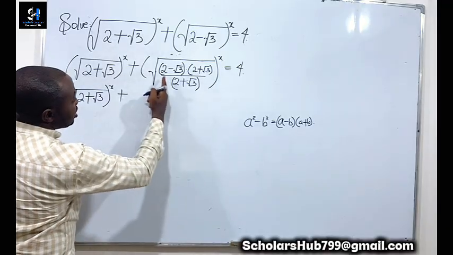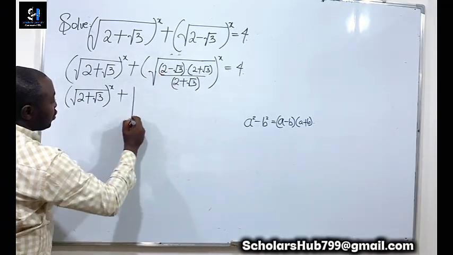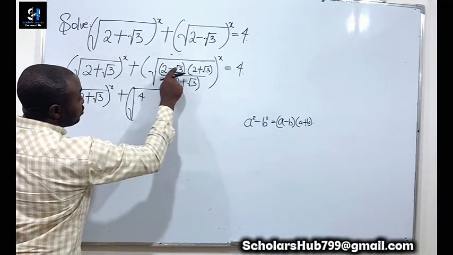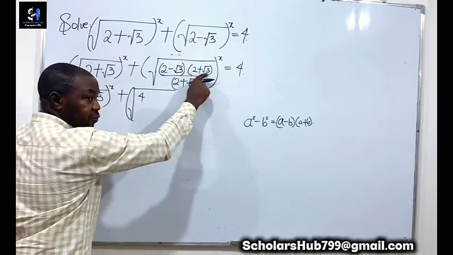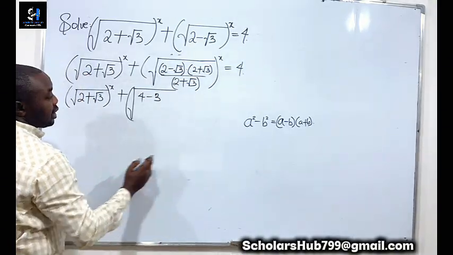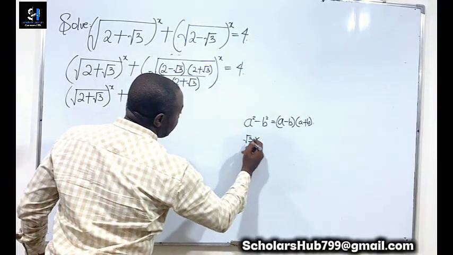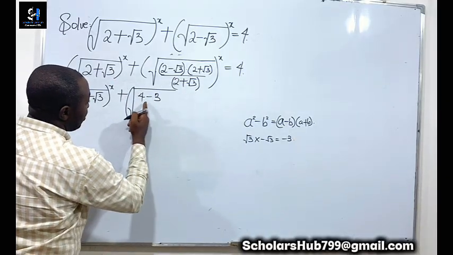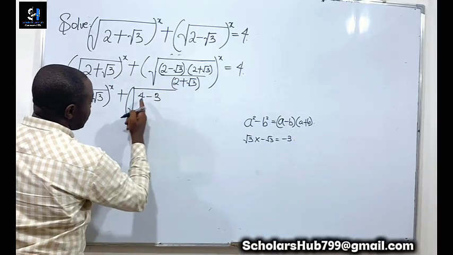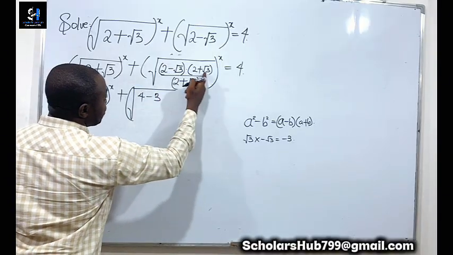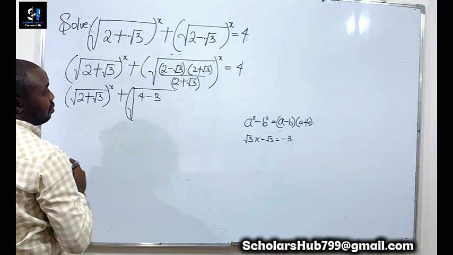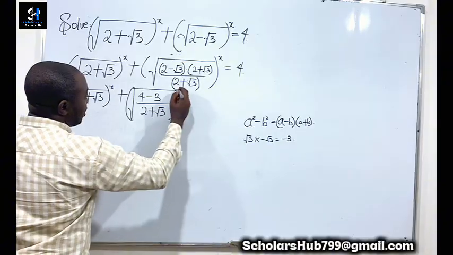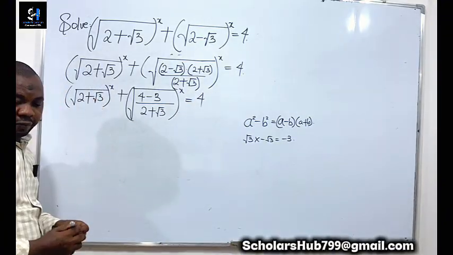So in this case, 2 times 2 is 4, then minus root 3 multiplied by root 3, that will be minus 3. So over 2 plus root 3, then all raised to the power of x, equals 4.